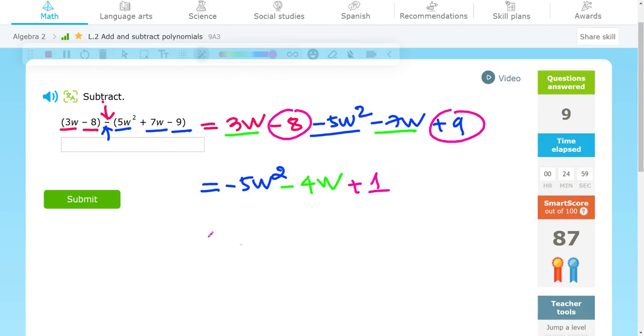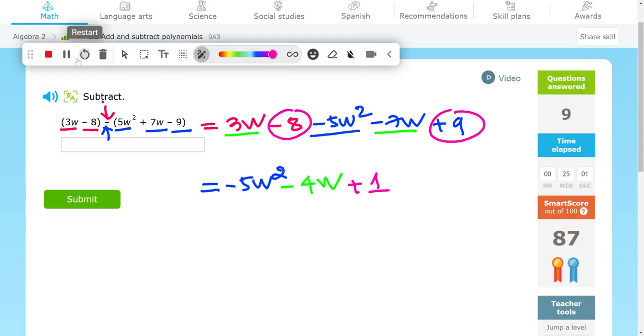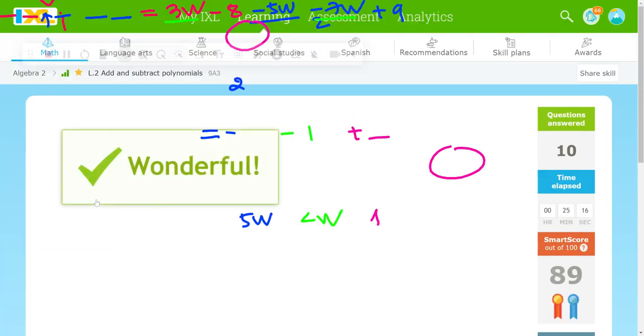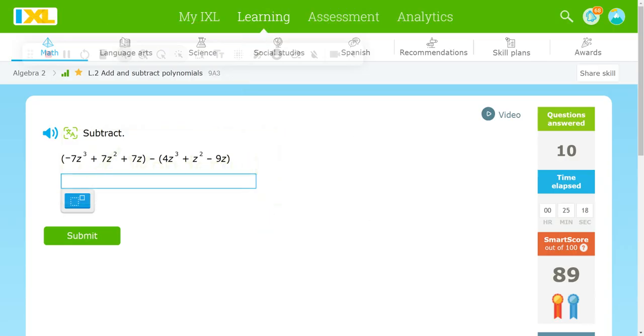So I put my answer in. Subtract 5W squared, subtract 4W, and then plus 1. Alright, submit. Voila.